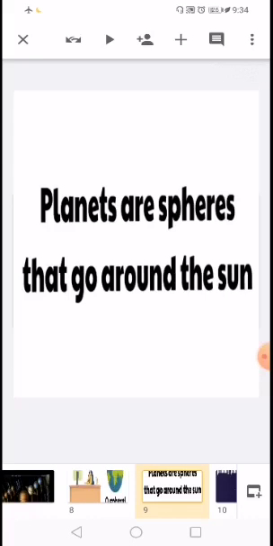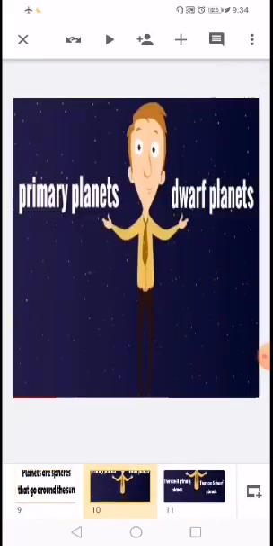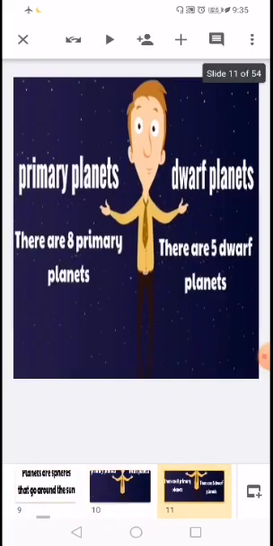There are primary planets and the other one is dwarf planet. Now there are 8 primary planets. They are the main planets which circle around the sun. Primary planets means that they directly orbit the sun.